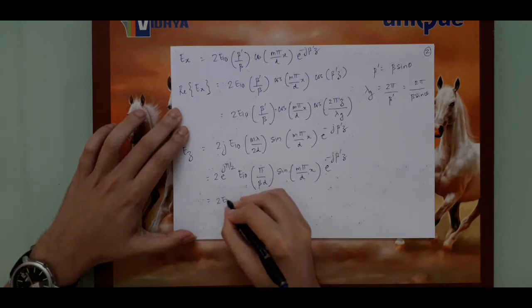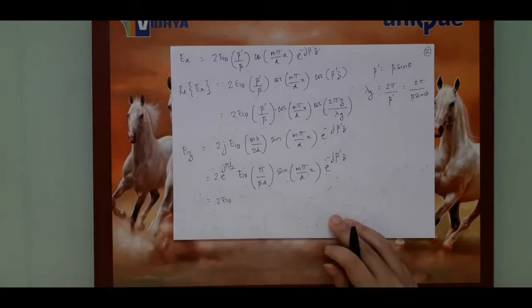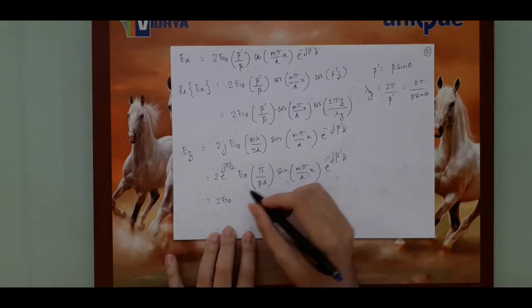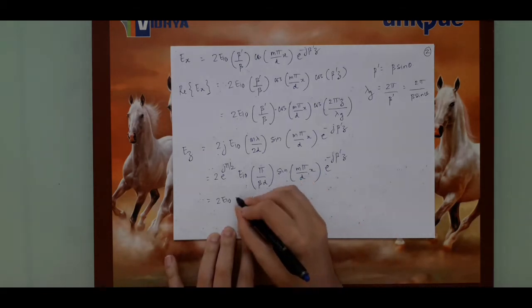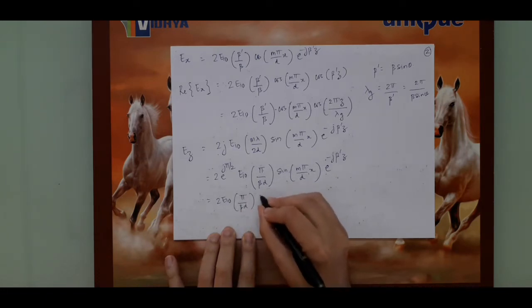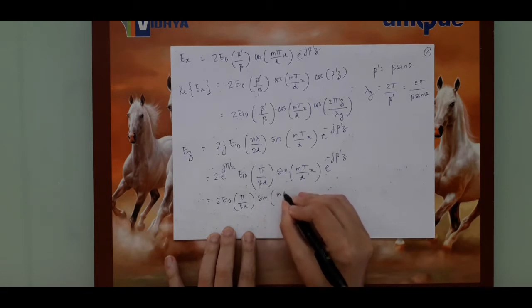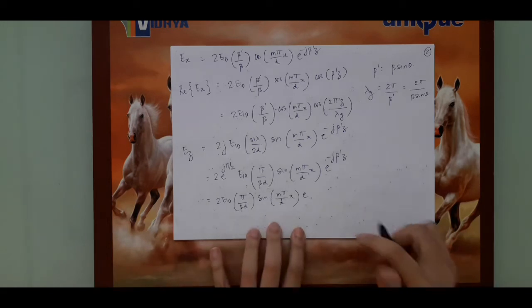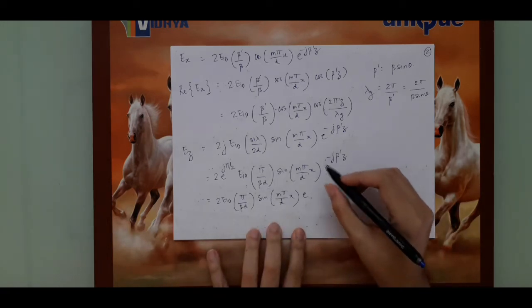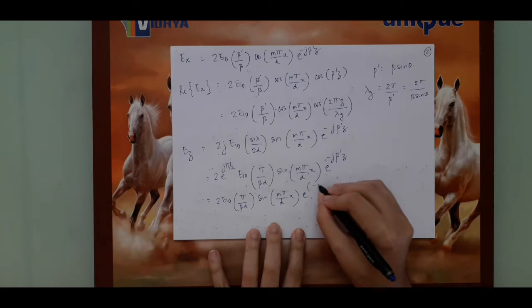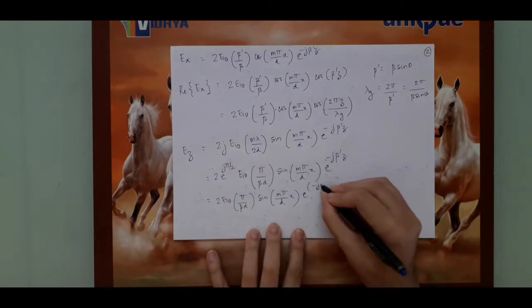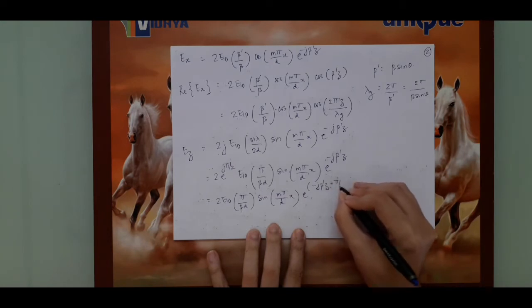That will be 2 E_i0 times e raised to minus j, these two terms will get added up, plus pi by 2.